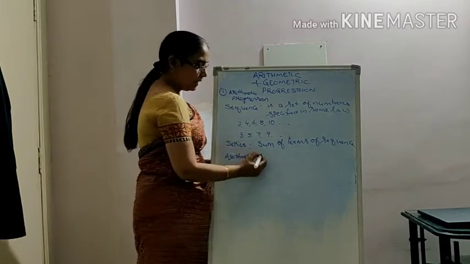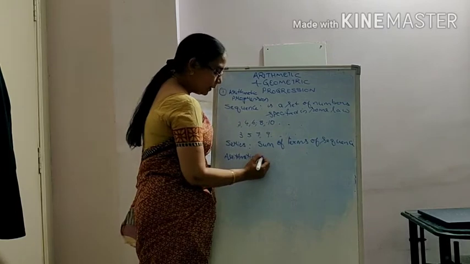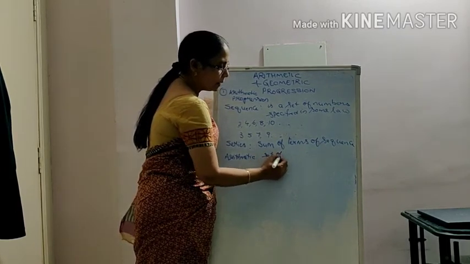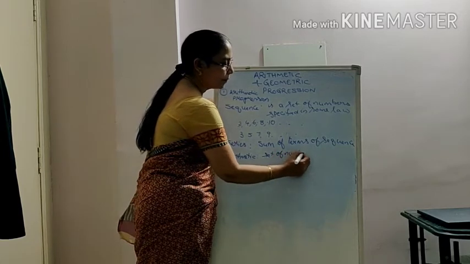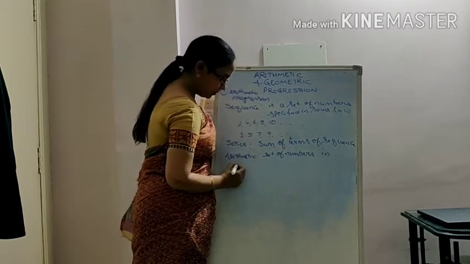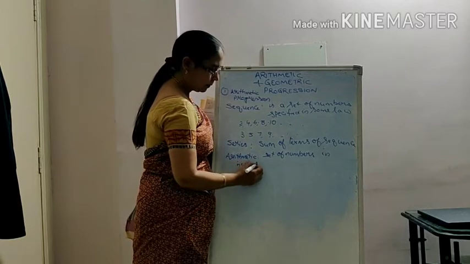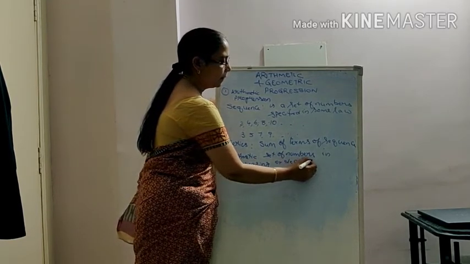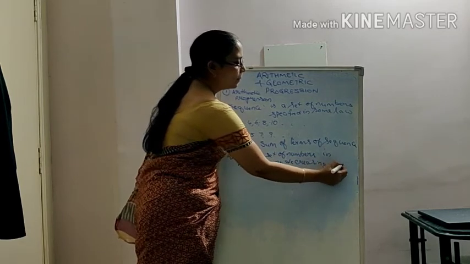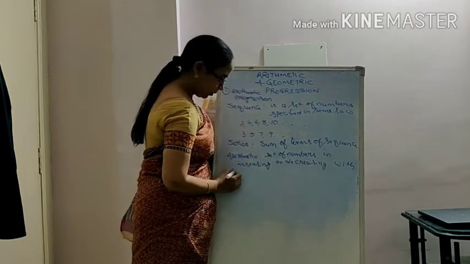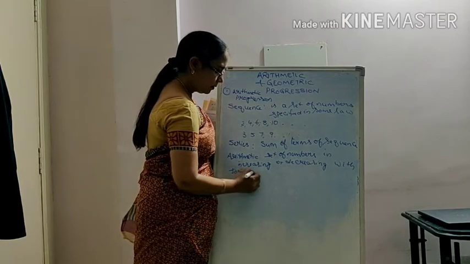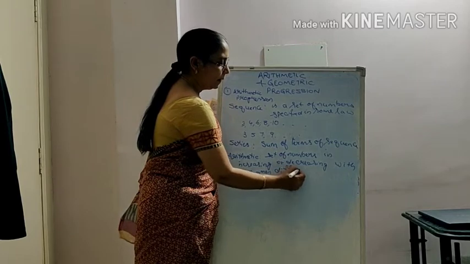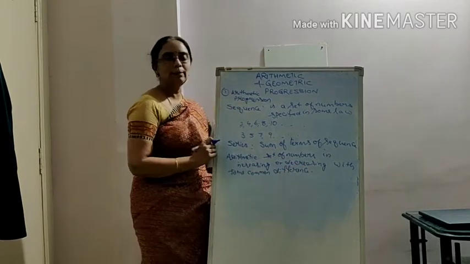I am writing it and showing: arithmetic progression is a set of numbers in increasing or decreasing order with some common difference. This is the definition of arithmetic progression.